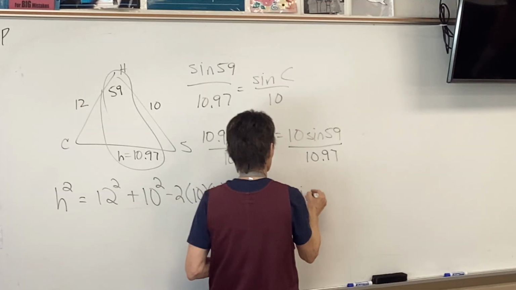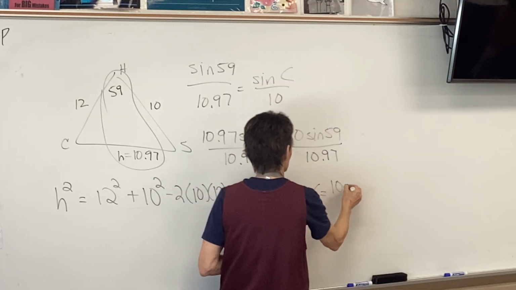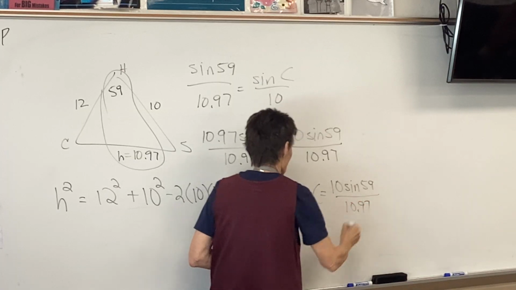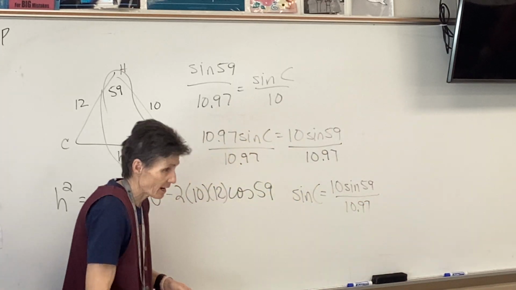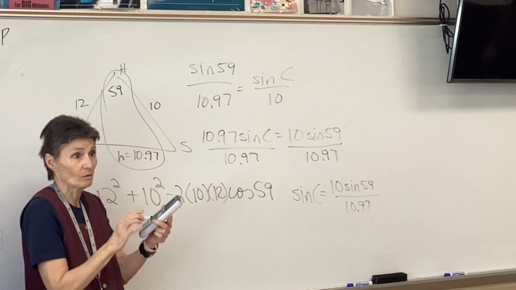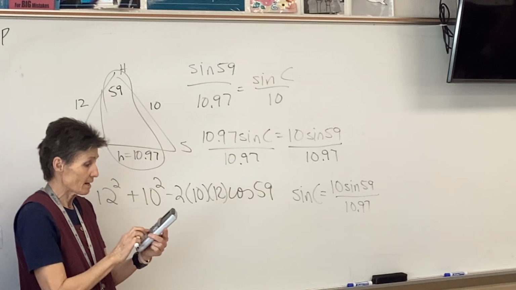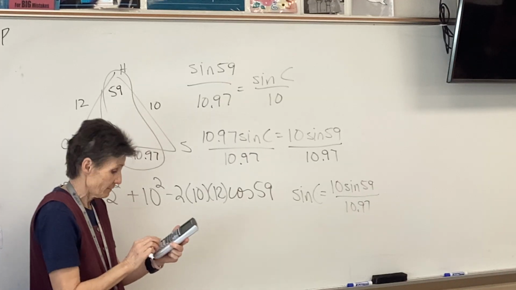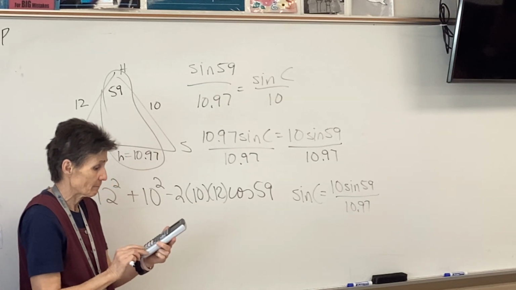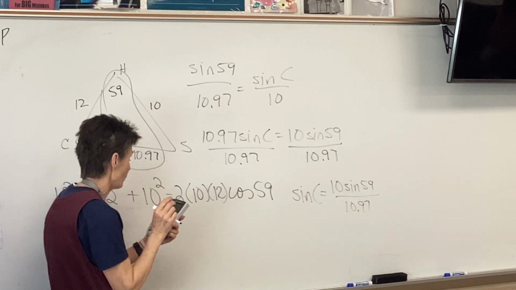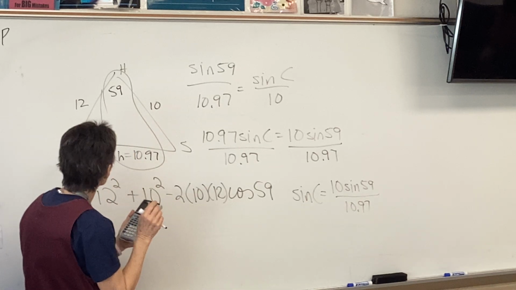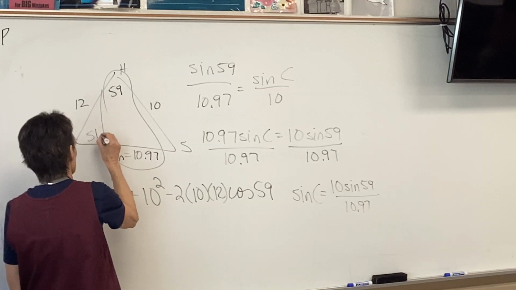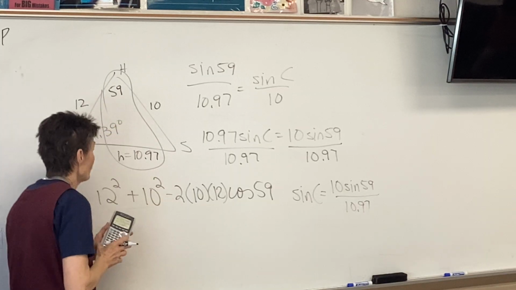And then I have the second sine, that's exactly right, because I am trying to find an angle. So second sine, 10 sine 59 divided by 10.97. Did you get 51 point? That's what I got, 51.39.